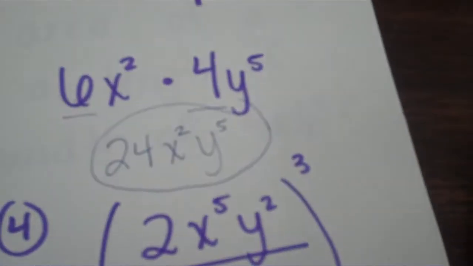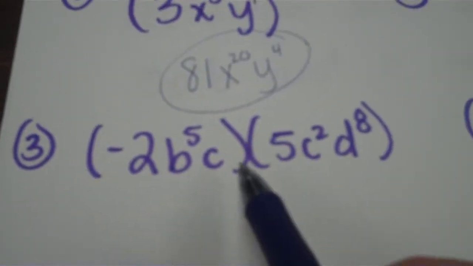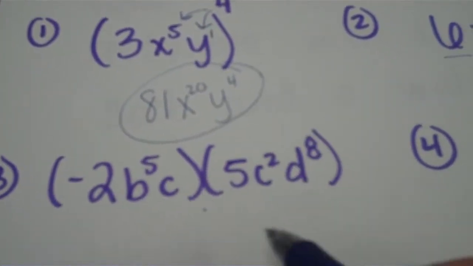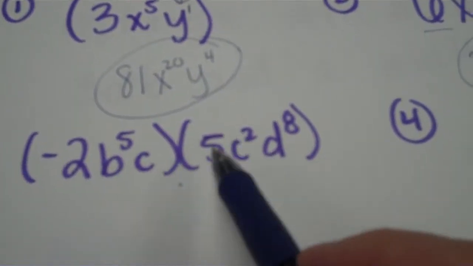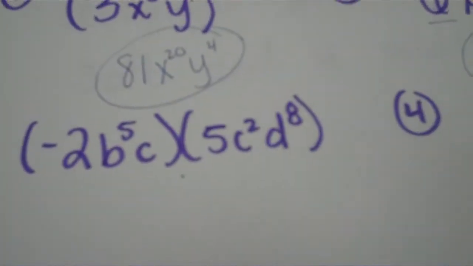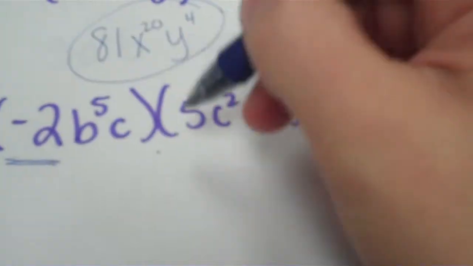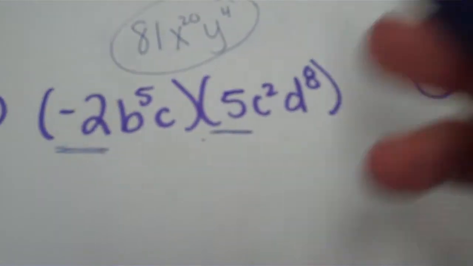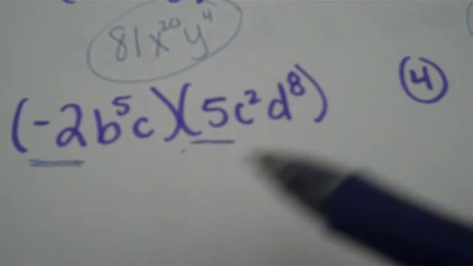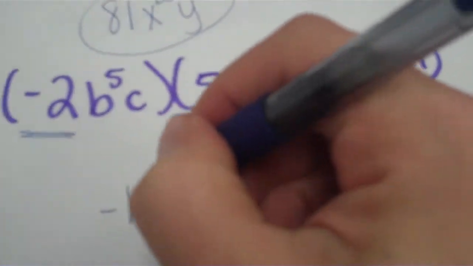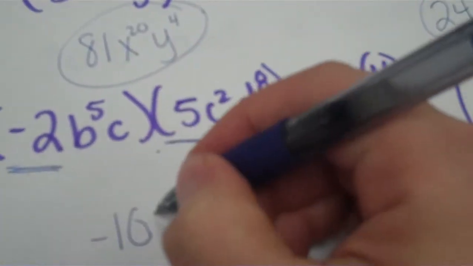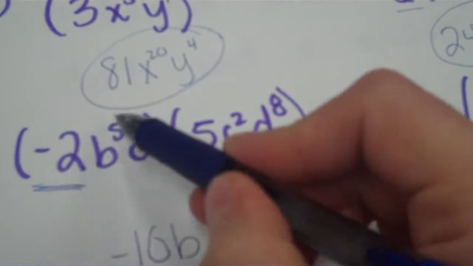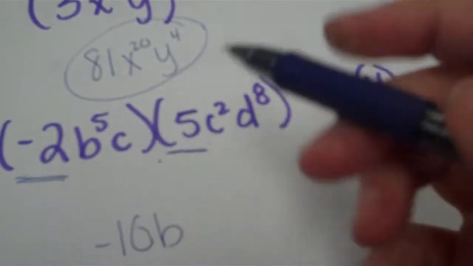That's it. Okay? Yet again here, am I doing power rule or product rule? They're side by side, so it's multiplied. So when you multiply, you add your exponents. But we're going to multiply our big numbers first, our coefficients. Negative 2 times 5, in your head or in the calculator, is negative 10. And then I have b here. There's 5 b's, but there's no b's over here, so I'll put 5.